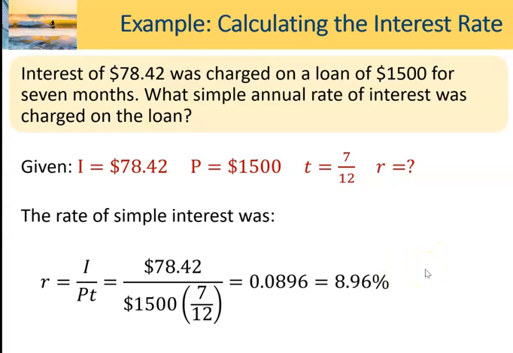Here we have R equals I divided by PT. Once you calculate that out, it works out to a rate of 8.96%.